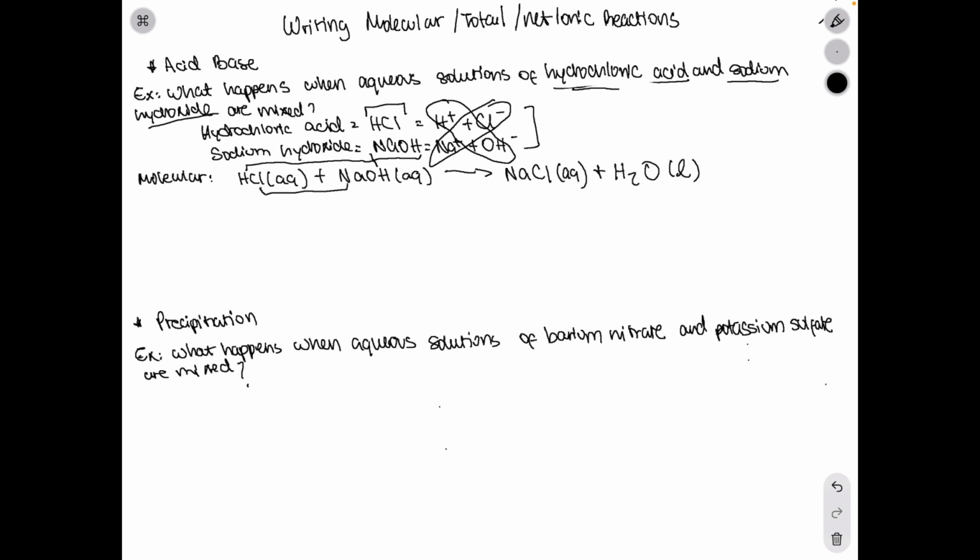It has strong solubility, therefore it's going to dissociate into its ions. So HCl, NaOH, and NaCl are strong, so they're going to dissociate, while water is going to stay together since it's weak.